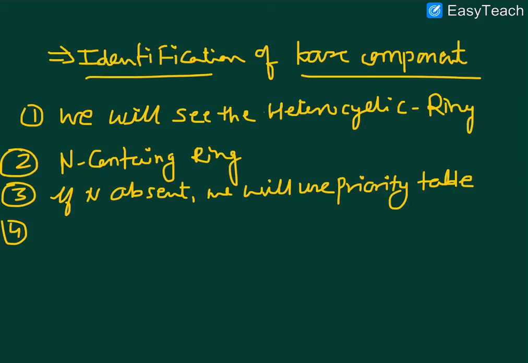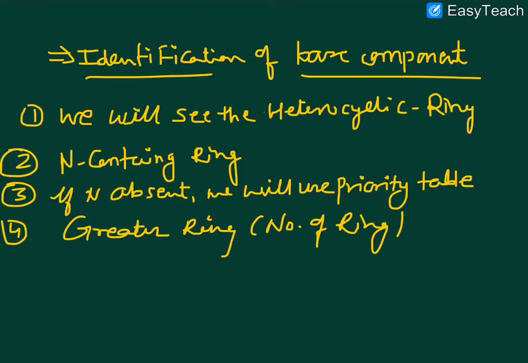Next is the greater number of rings. If one system contains two rings and another system contains only one ring, then the two-ring system is considered the base component. Then larger ring: if one ring is 5-membered and another is 6-membered, then the 6-membered ring is the base component.